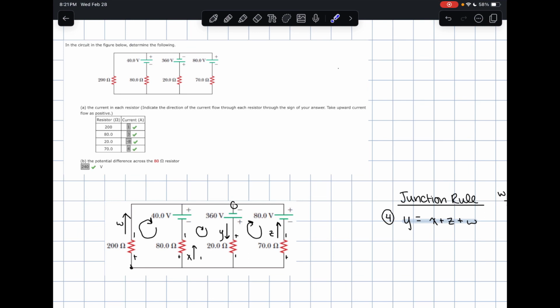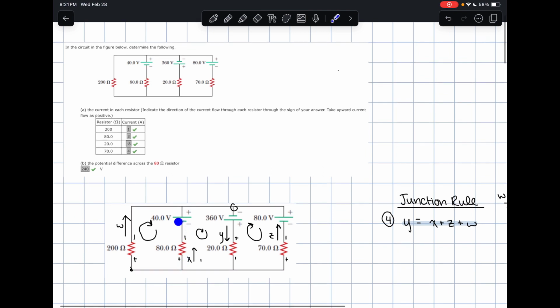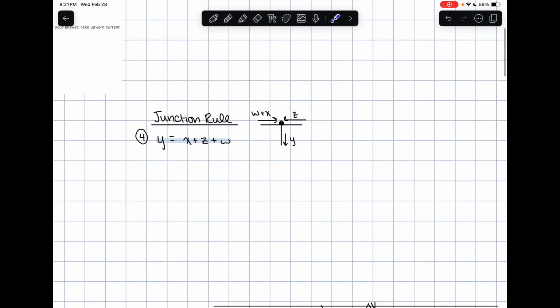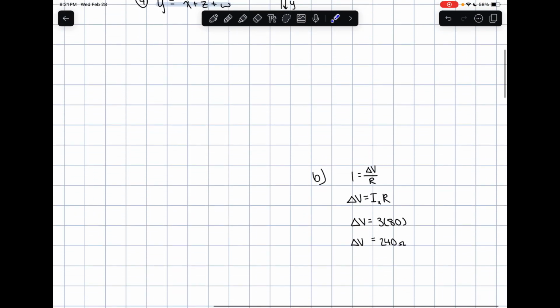Finally, we get to part B, which I hope seems like a walk in the park after that monstrous problem of part A. Part B is asking us to find the potential difference across the 80 ohm resistor. Well, we know that the 80 ohm resistor is right here, and the current flowing through it is current X. So we can use a simple equation this time with Ohm's law.